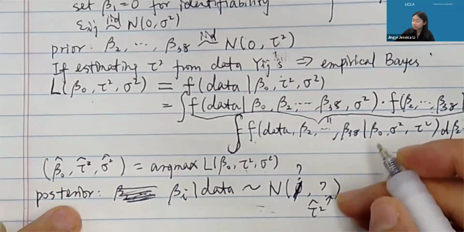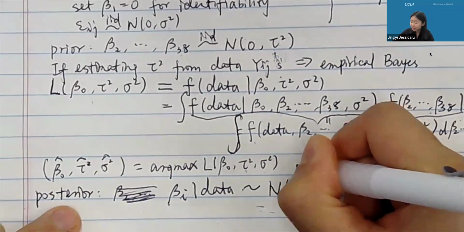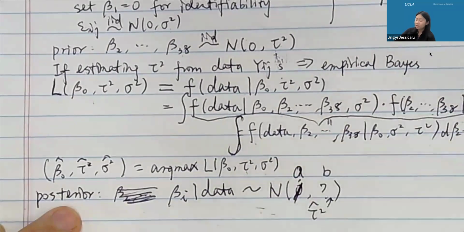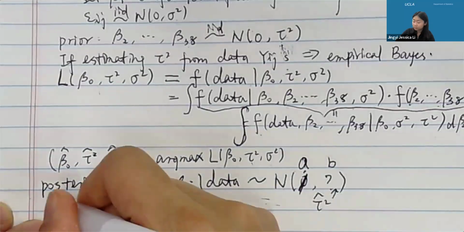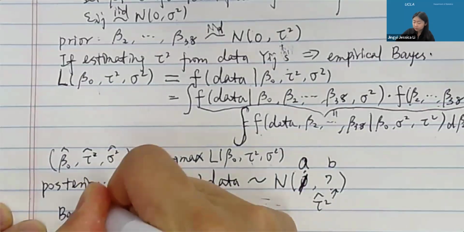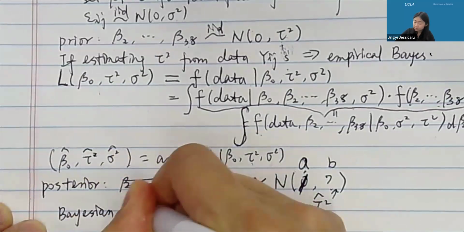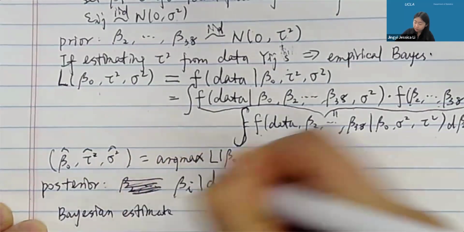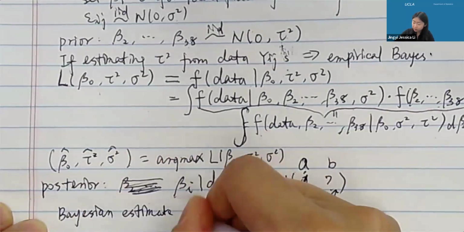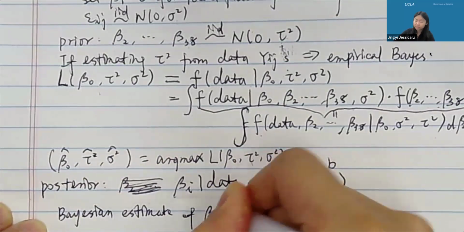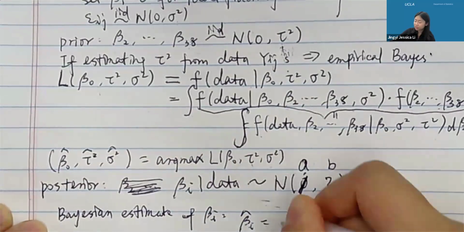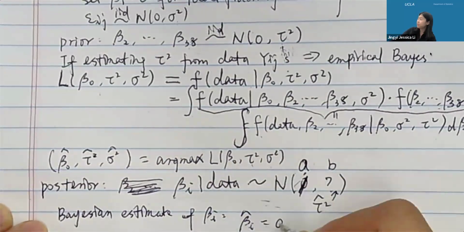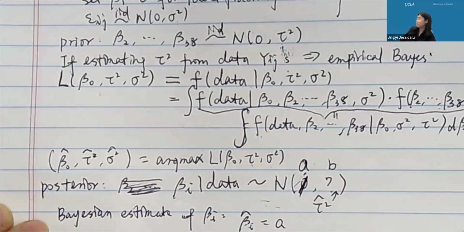So basically, if I call this A and B, then one possible estimator, a Bayesian estimate of beta I, can be written as beta I hat, which is just this A. So this posterior mean will naturally serve as a Bayesian estimate.